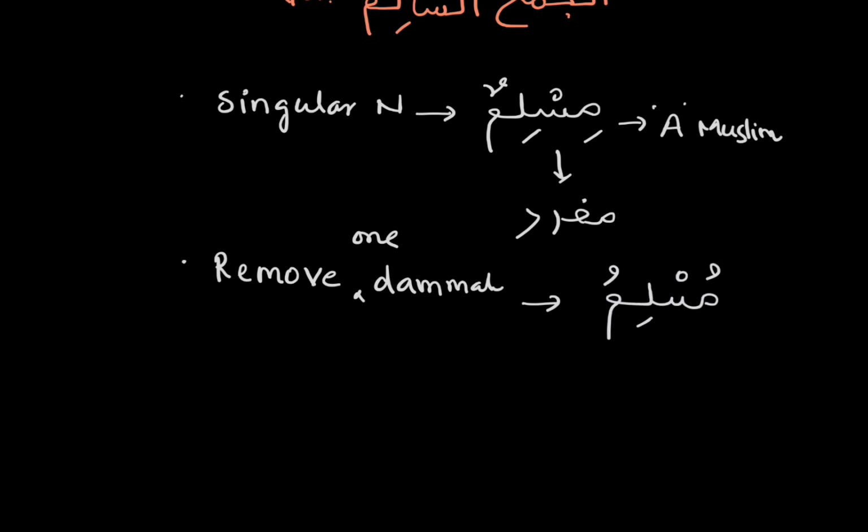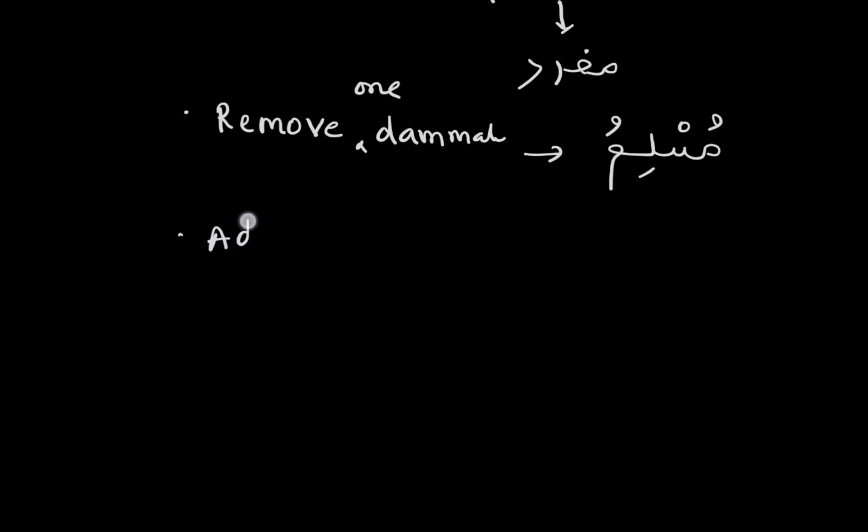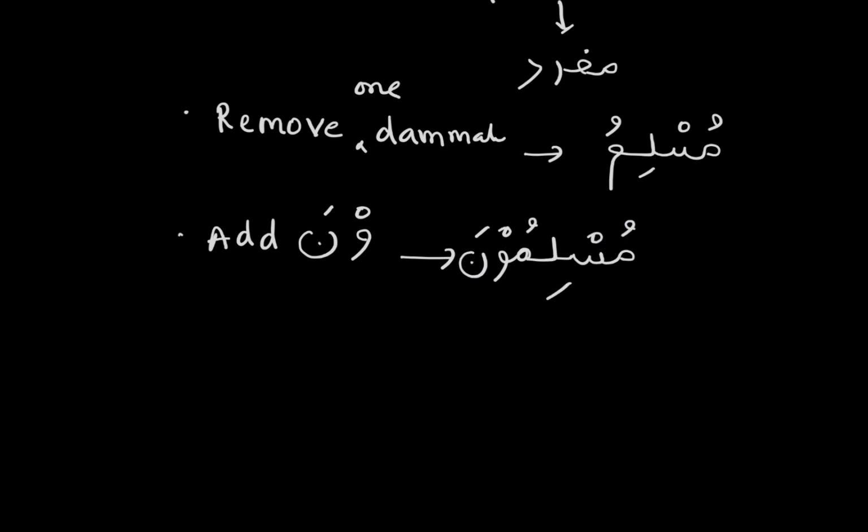Then add waw noon at the end of Muslimu. Then it forms Muslimuna. So in this way you can see Muslimun is converted into Muslimuna.